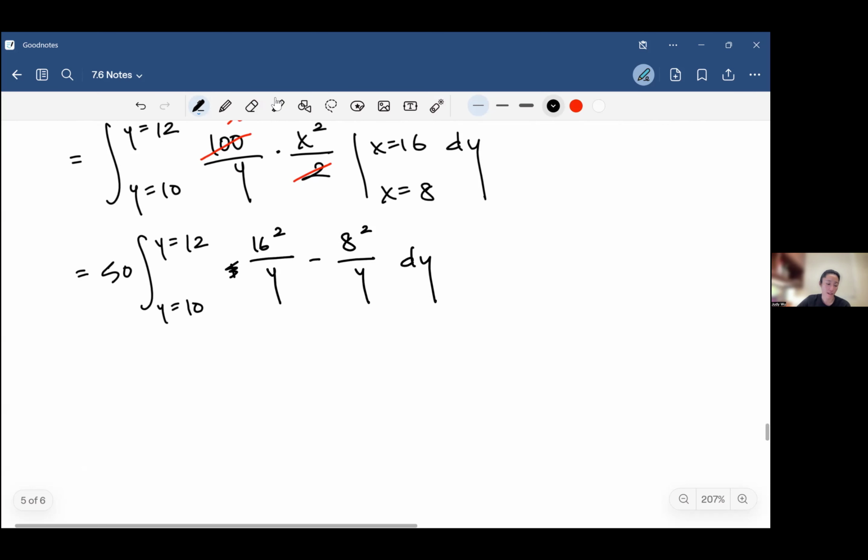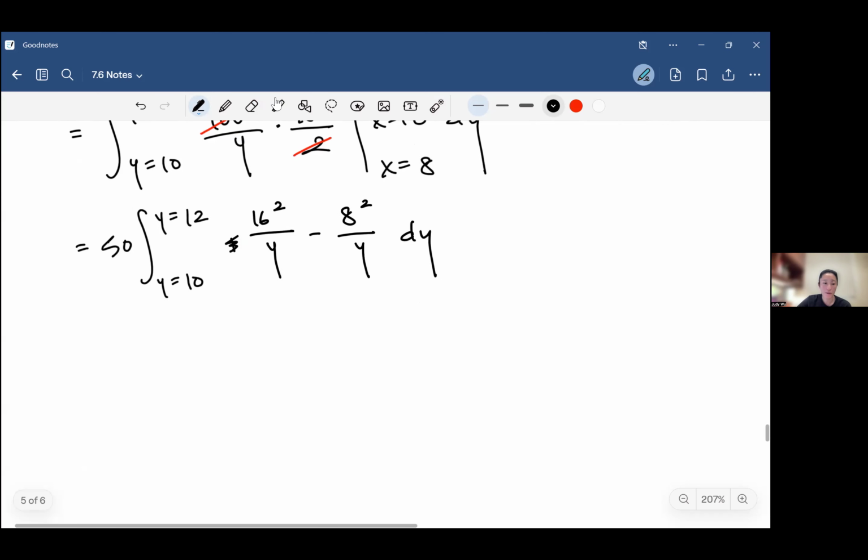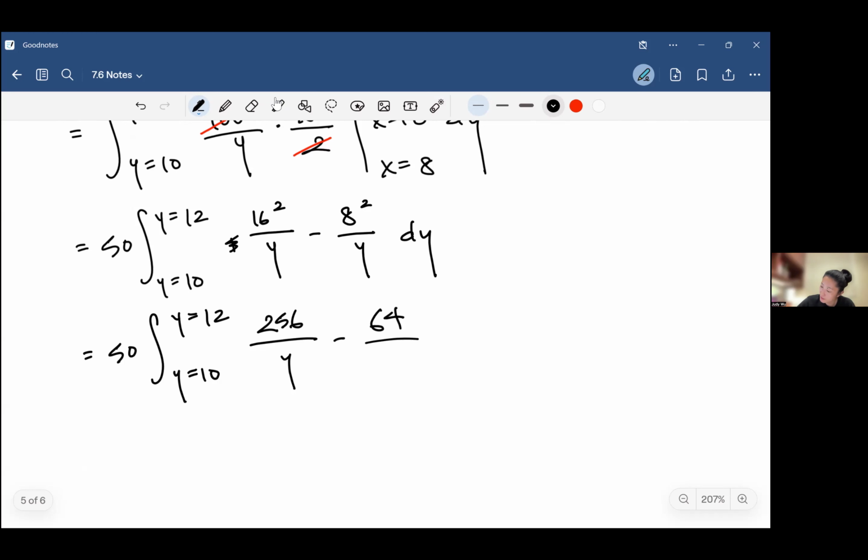Okay. Now these are going to be big numbers, and that's okay. And I get 50, the integral of y equals 10 to y equals 12. Let's see, 16 squared, what is that? Let's find out. 16 times 16 gives us 256 over y, minus 8 times 8 gives us 64 over y.